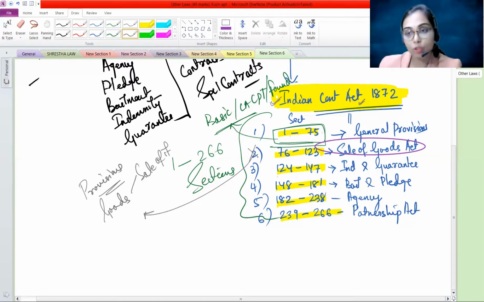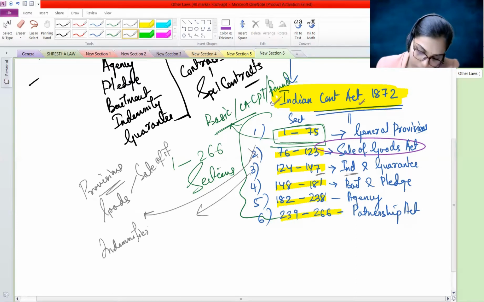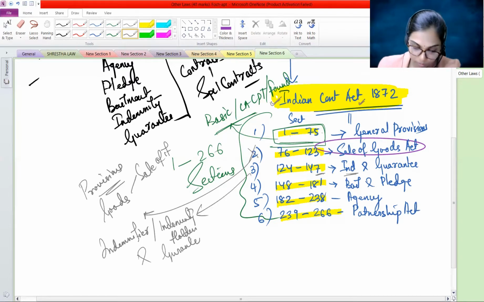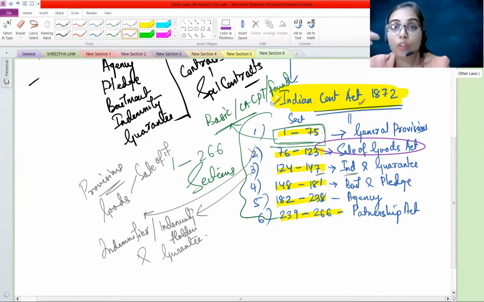Then sections 124 to 147 speak about the indemnity and guarantee contract. What does the indemnity and guarantee contract speak about? It speaks about the indemnifier or indemnity holder, and the guarantee. It is about making good the loss.